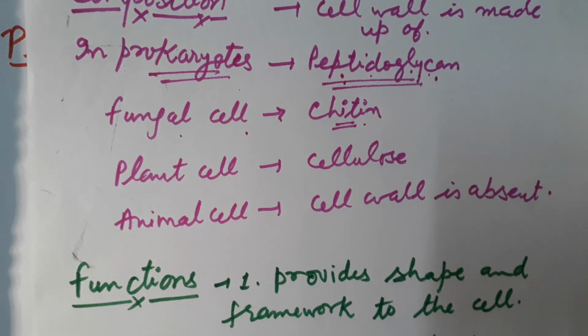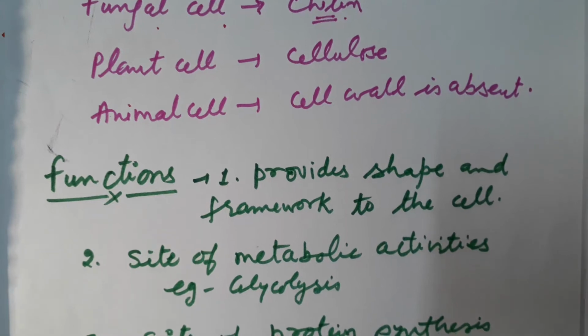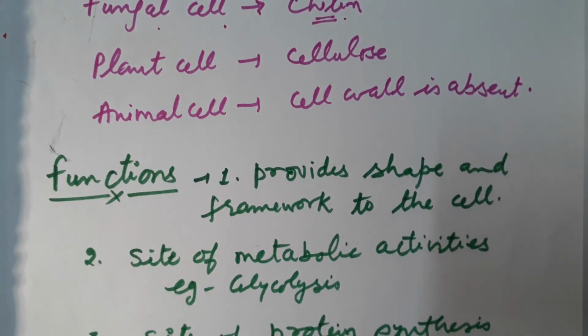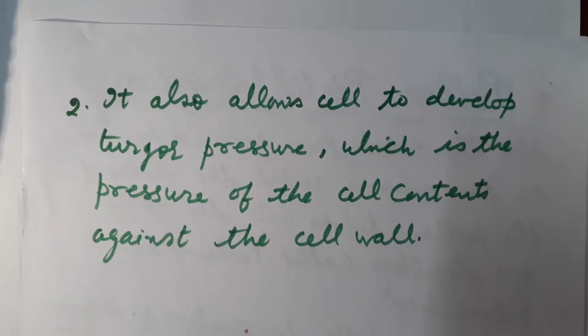What kind of function does the cell wall perform where it is present? It is a hard, rigid structure. It provides shape and framework to the cell. Cell wall also allows the cell to develop turgor pressure. What do you mean by turgor pressure?